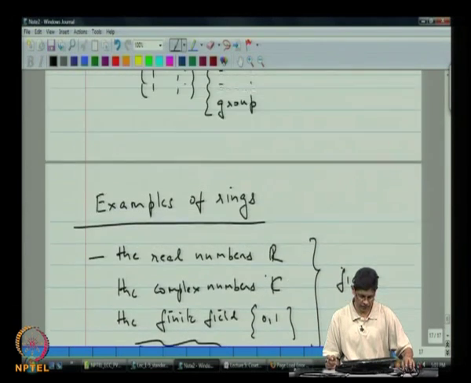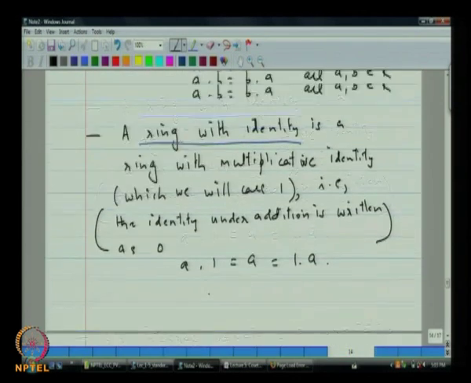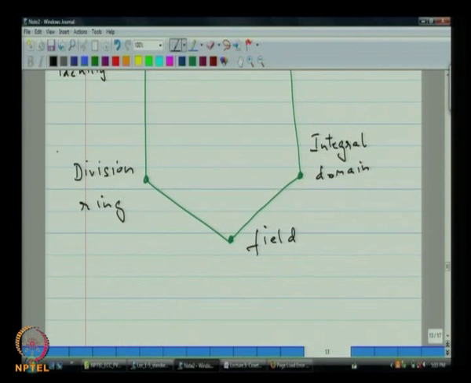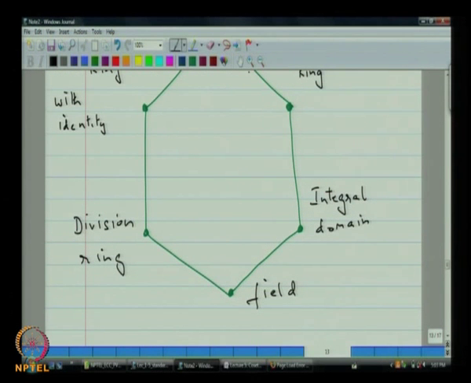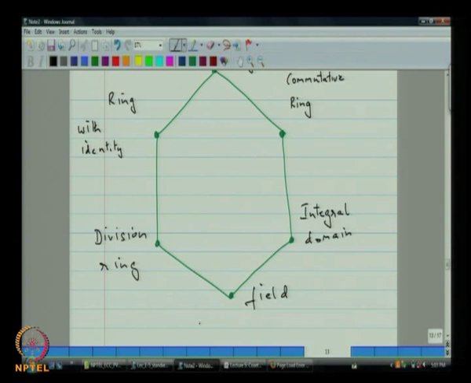So, in the figure, we can actually go ahead and put these down here. So, R, the complex numbers, F2, all of these are examples of fields.